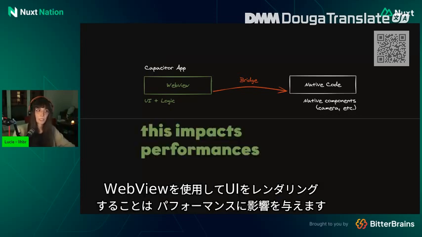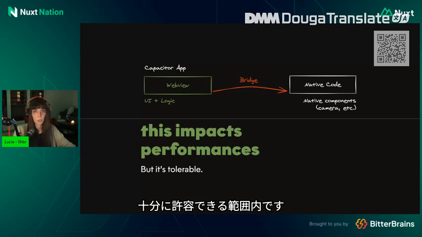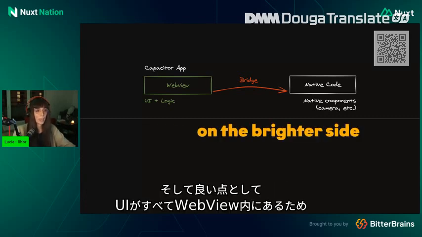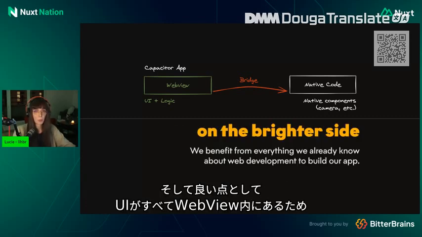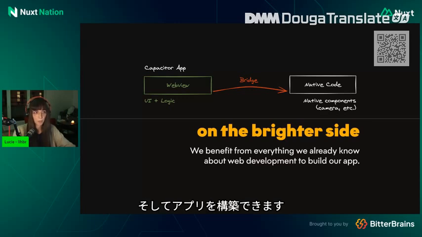But getting back to Capacitor, let's be clear about it: using a web view to render the UI has an impact on performance. But in my opinion, phones have gotten so much faster these days that this is way more than tolerable. I don't know about you, but I rarely complain about Chrome being slow on my phone. And on the brighter side, because our UI is inside a web view, we can benefit from everything we already know about web development to build our app.